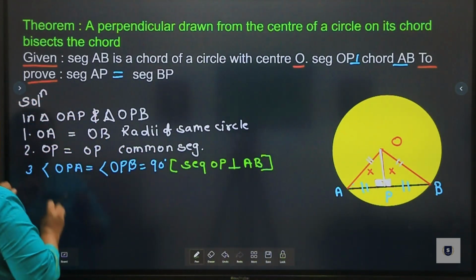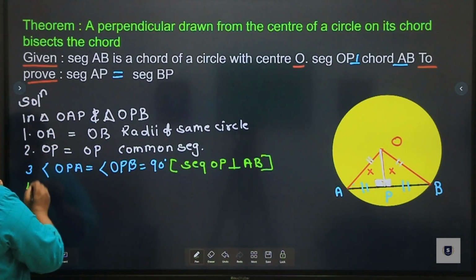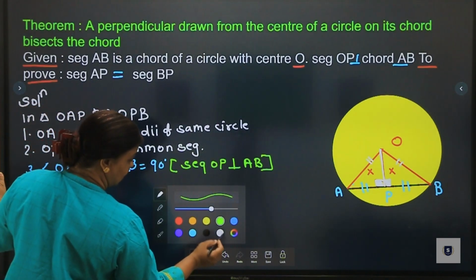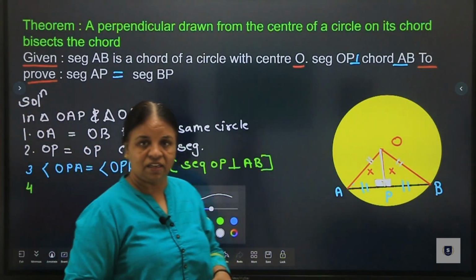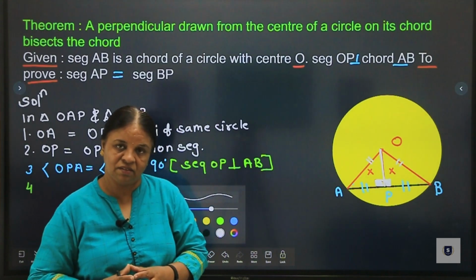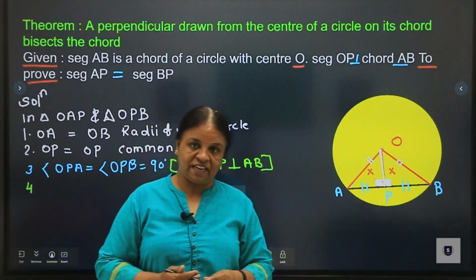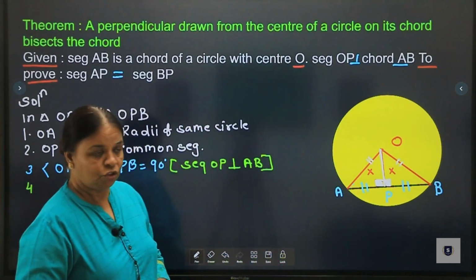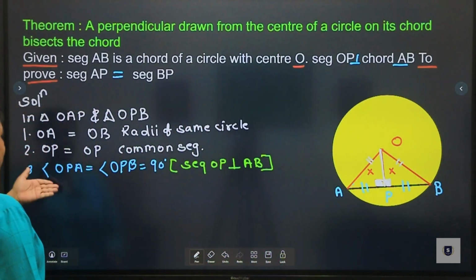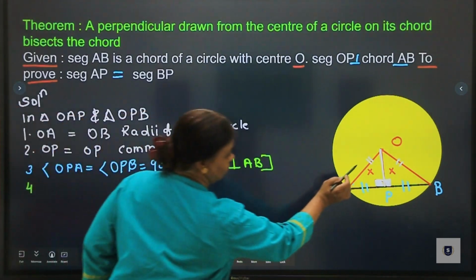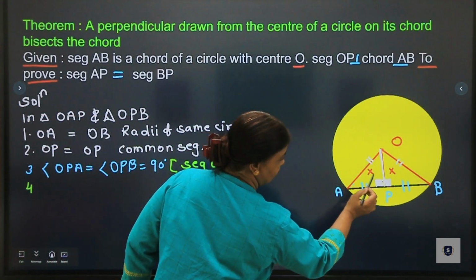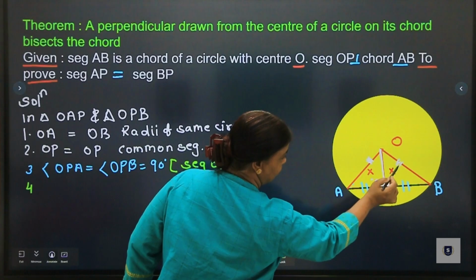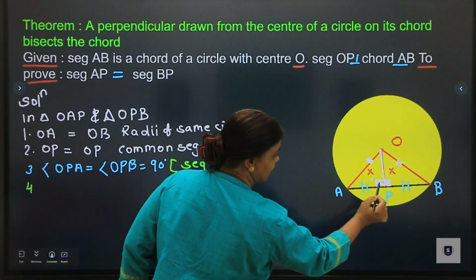So by these three statements, what we come to know is that for any two triangles, as in similarity we have done, or in congruence of triangles, for proving two triangles equal, we can use these three properties. This is a right angle triangle, children. So hypotenuse is equal to hypotenuse, this is a common side and this is 90 degrees.